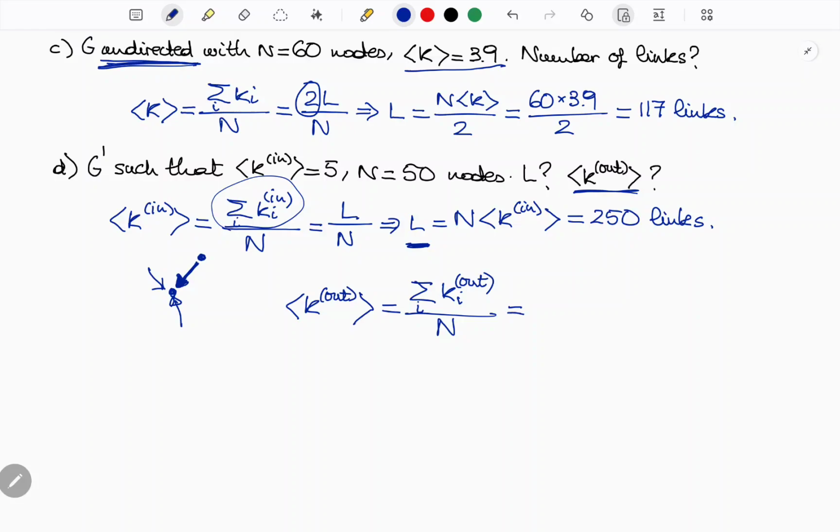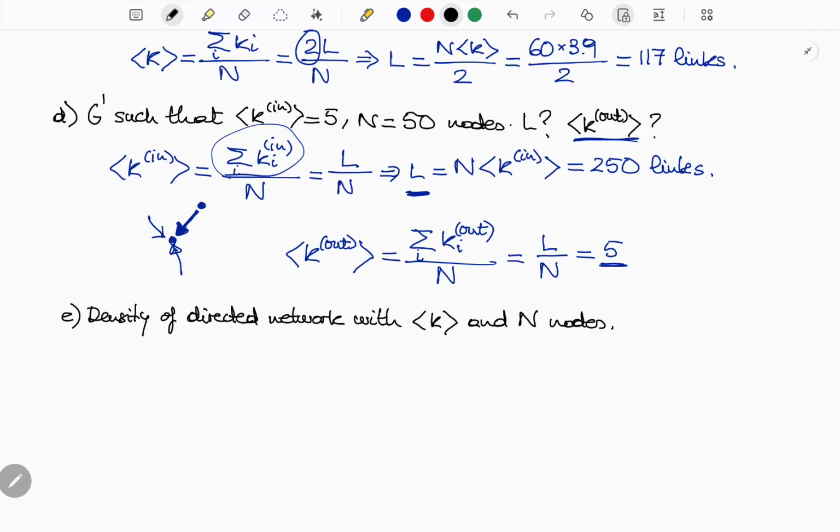And by the same reasoning as before, this is L divided by n. So this means that we have exactly the same out degree on average. So if we know the average in degree on a network, then we already know the average out degree, because it's exactly the same number.